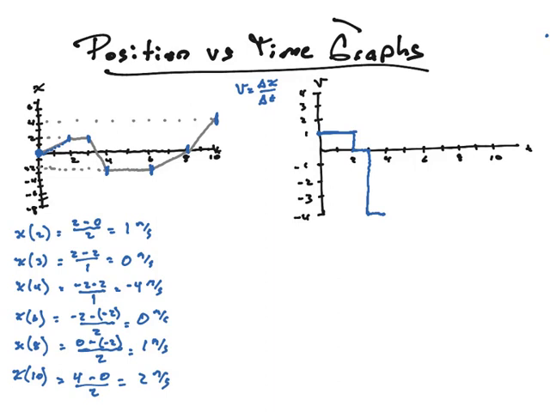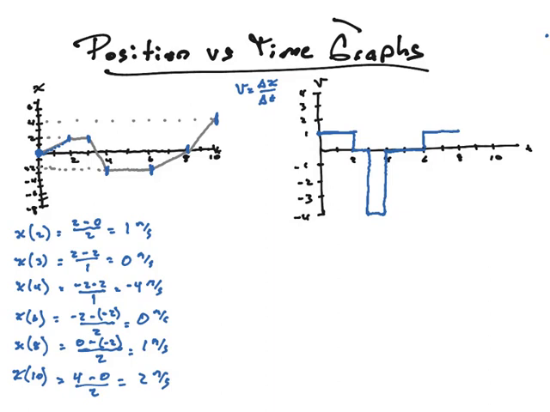Then from the 4-second to the 6-second mark, we have a velocity of 0. So this line goes back up to 0 and lasts until we get to 6. Then from 6 to 8, we have a velocity of 1. So we go back up to 1 again. We stay there for 2 seconds.